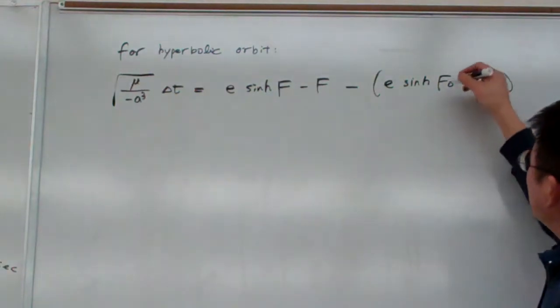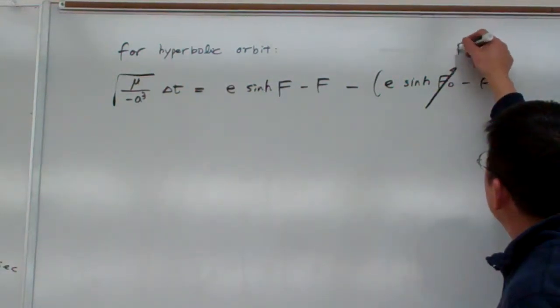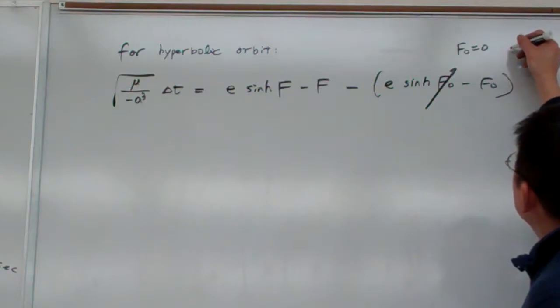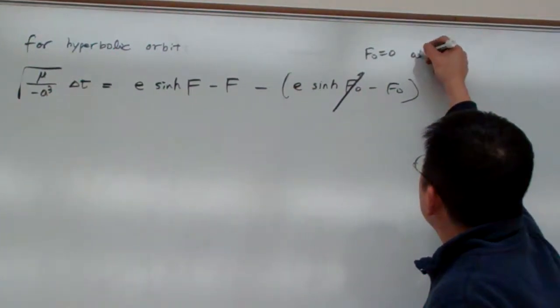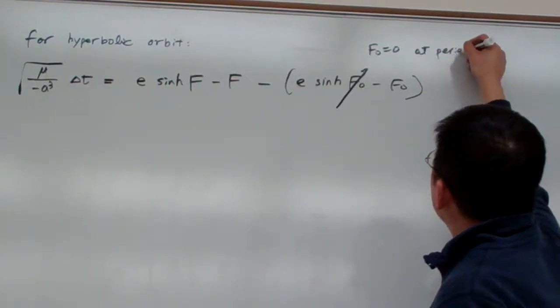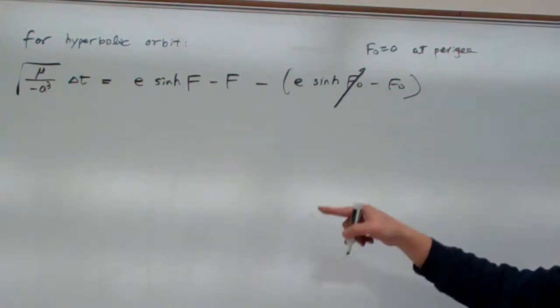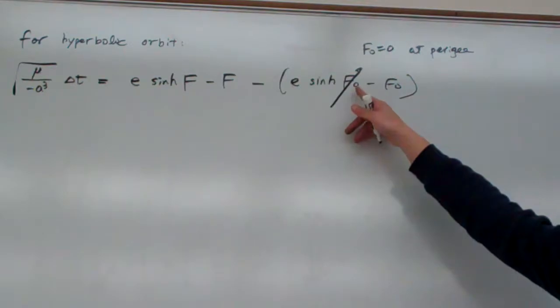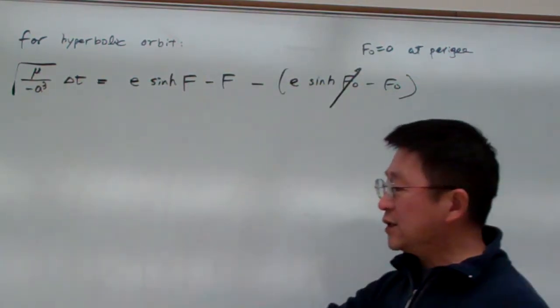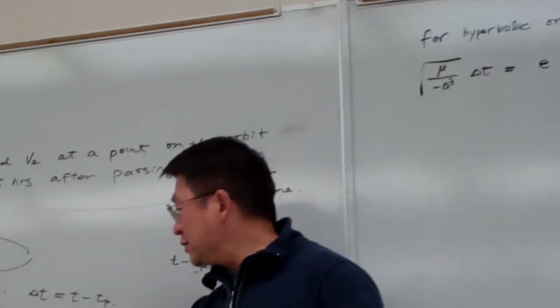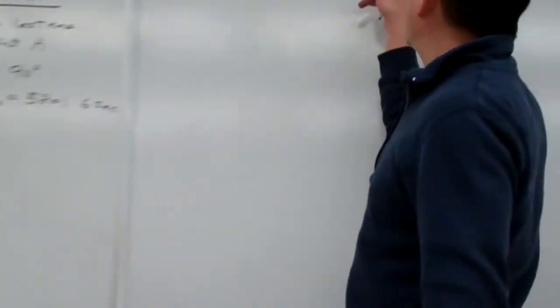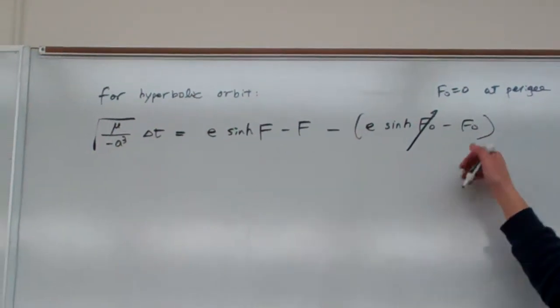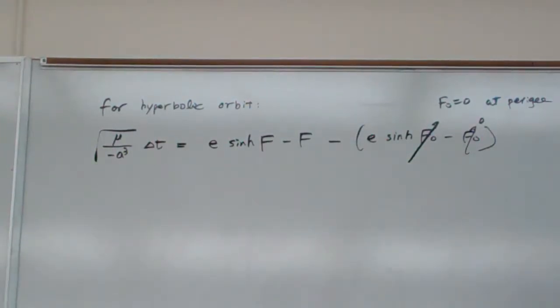Okay, because here we pick perigee as our starting point, the corresponding f value there is 0. That is the reason I pick the perigee as our reference point, because here we can eliminate this term. Okay, this term equals 0.